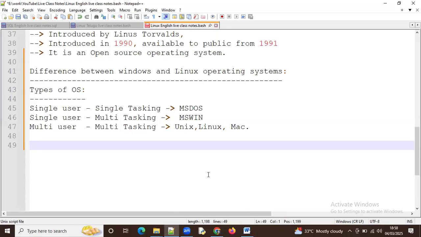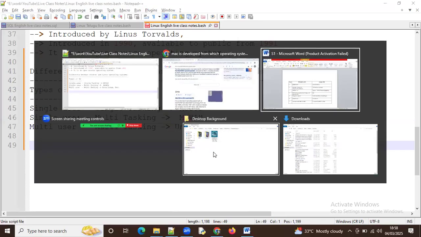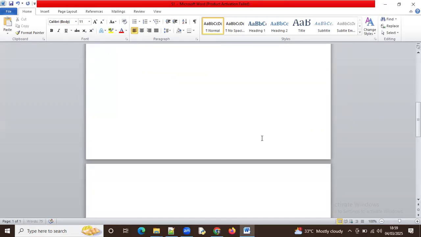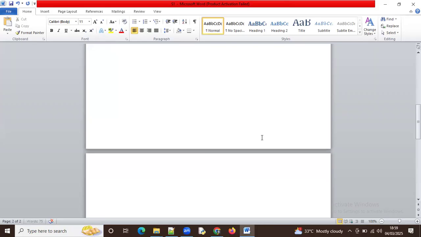The second thing is server and client. For understanding this, I am opening a Word document, fresh page. Here, first one is server and second one is client.